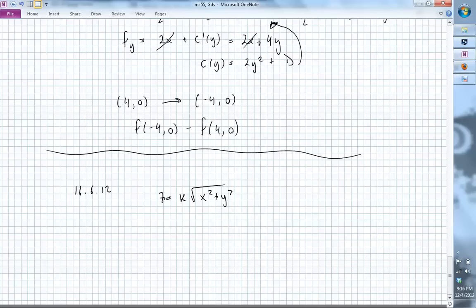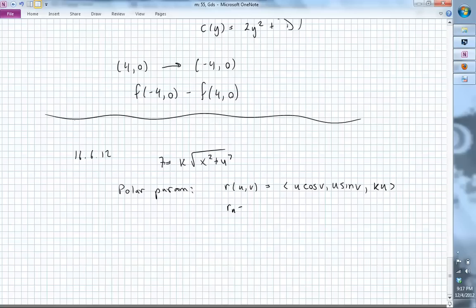Like that. Now, to parameterize this in polar, I'll use u and v. This is going to look like u cosine v, u sine v, and then that thing there turns into just ku. All right? Ru is cosine v, sine v, and k.